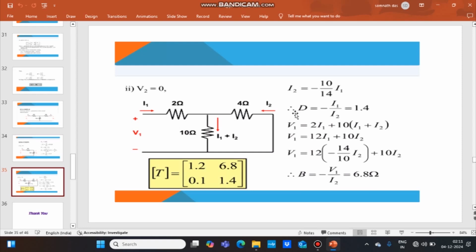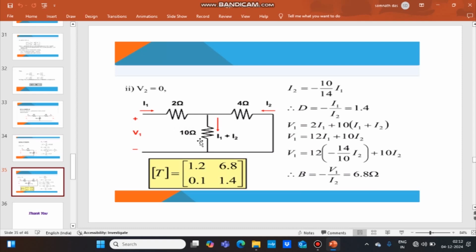To calculate the value of B and D, we have to make V2 equal to 0. That is, we have to short circuit the output terminals. By short circuiting the output terminals, the circuit becomes this network. From this network, we can write I2 equal to minus 10 by 14 I1. This we are getting by using the current division rule.